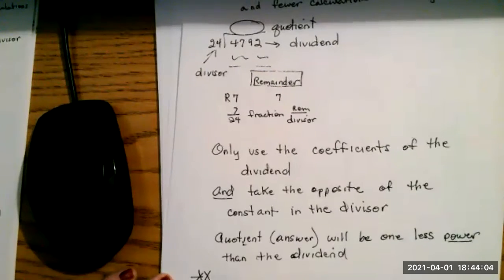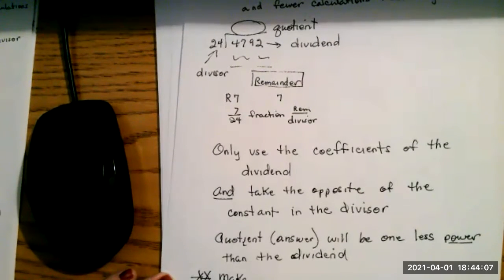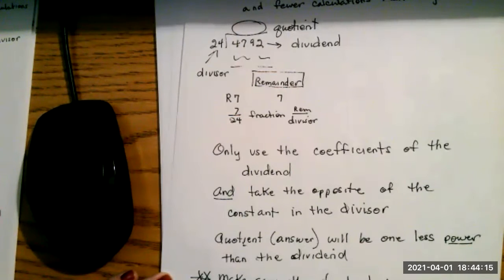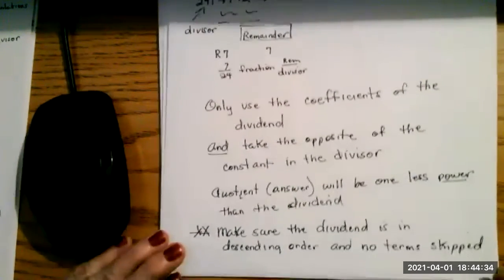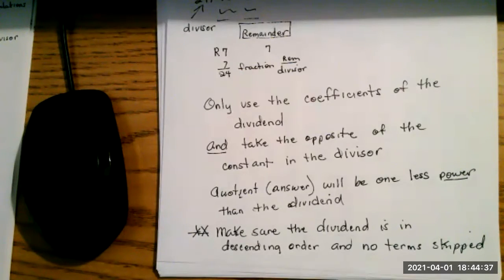The big thing that you have to make sure is make sure the dividend is in descending order and no terms skipped. So if it goes from x cubed down to x, then it's missing an x squared term, and you have to put a 0x squared term in there.